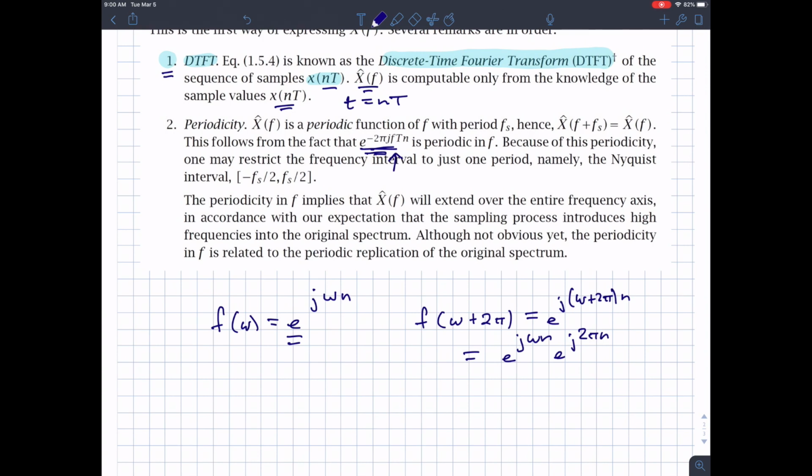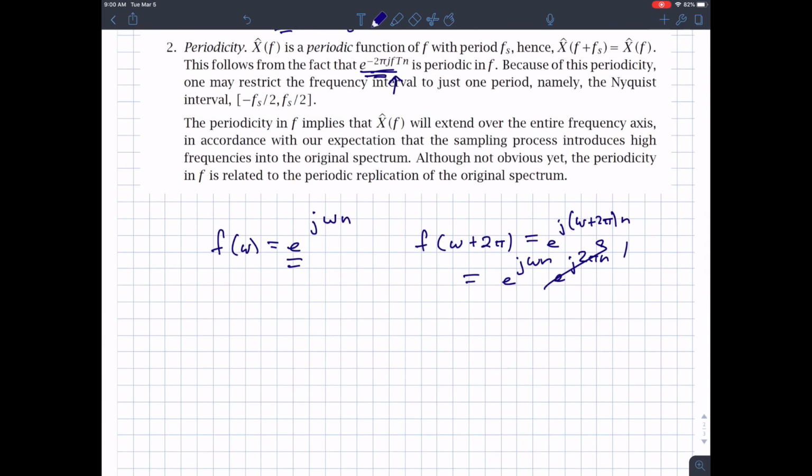Multiples of 2 pi n are 1. And so what we've established here is that this particular function is periodic in omega, and the period is 2 pi. All right, so that comes strictly from the definition.